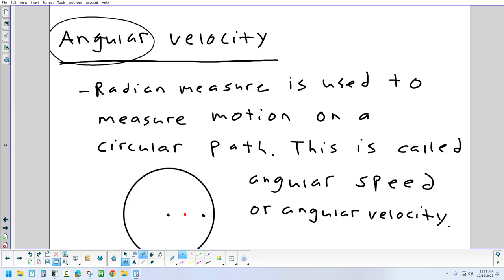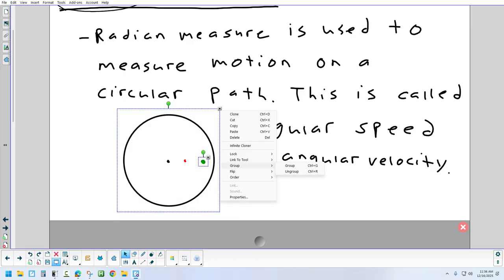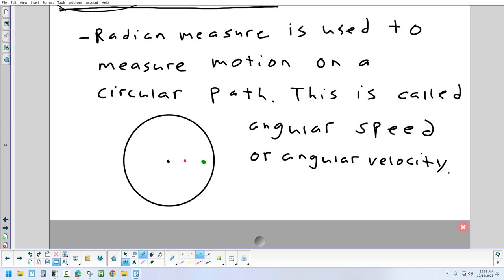Okay. All right, so let's look at this diagram. What I've done is I've drawn 3 different colored circles on a disk. And what's the formula for distance that relates distance, time, and rate?